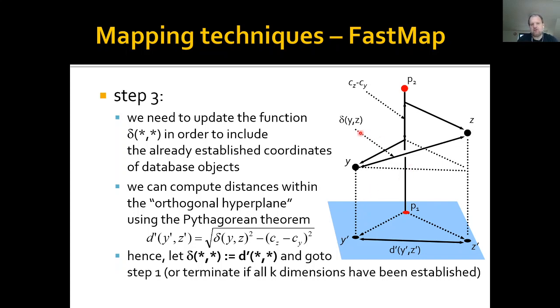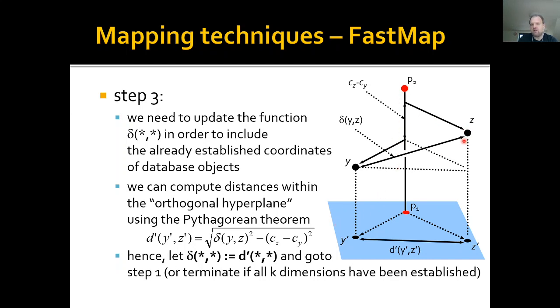So how will we do that? Basically, we will not do anything with the dimensions we already computed, but we update the original function into a new one, basically by the Pythagorean theorem, and it's shown here. We have the projections to the P1, P2, and then we need to construct another axis that is orthogonal to P1, P2.